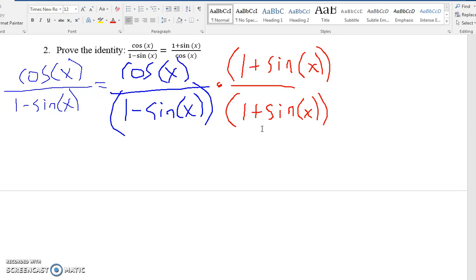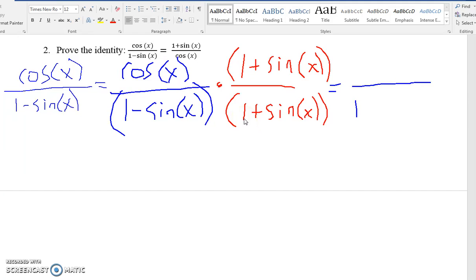Okay, so here's what's going to happen. Slide over here just a little bit, make sure I have enough room. If I were to FOIL this together, the first part, 1 times 1 is just 1. The outside part, 1 times sine is sine. The inside part, negative sine times 1 is negative sine.